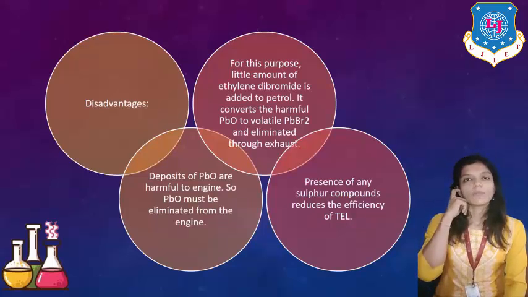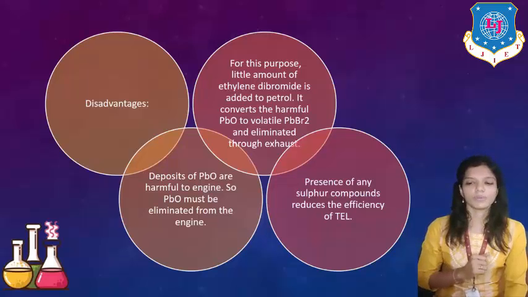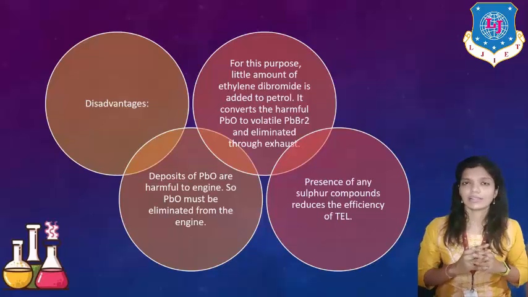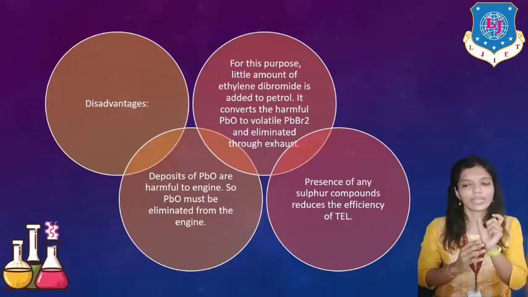Now, if we talk about disadvantages, deposits of PbO are harmful for the engine because TEL contains lead and PbO is formed, which is very harmful for any kind of engine.